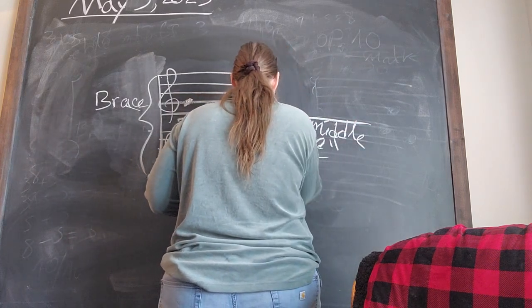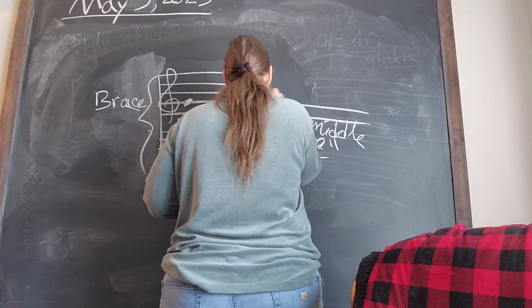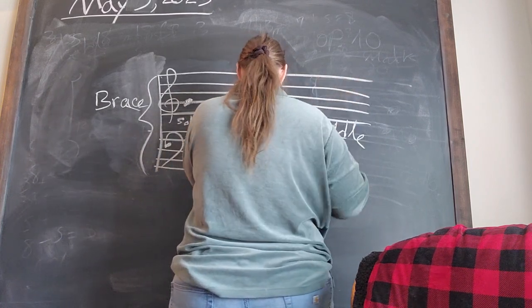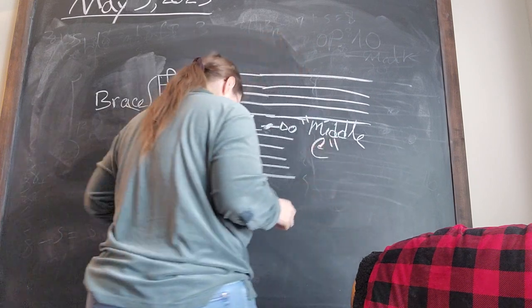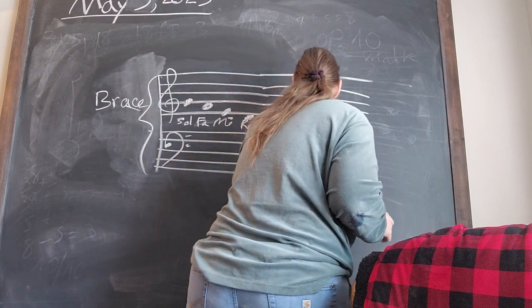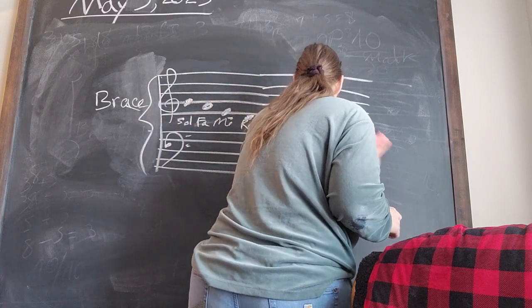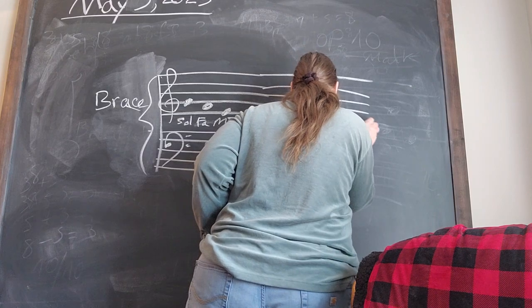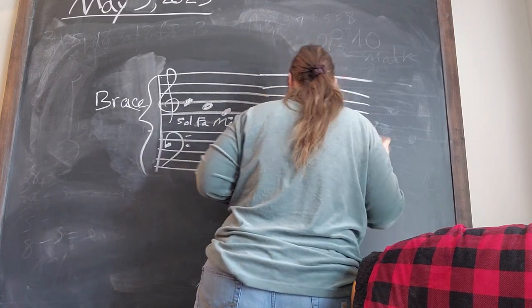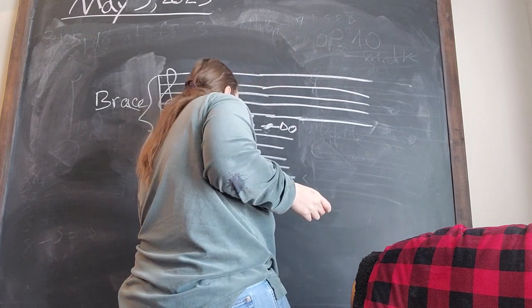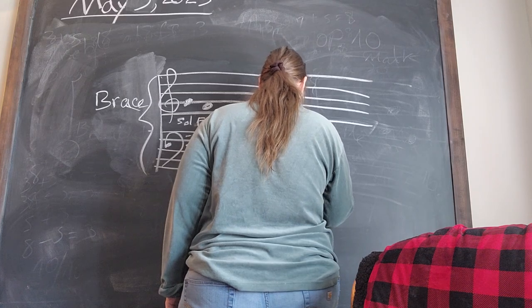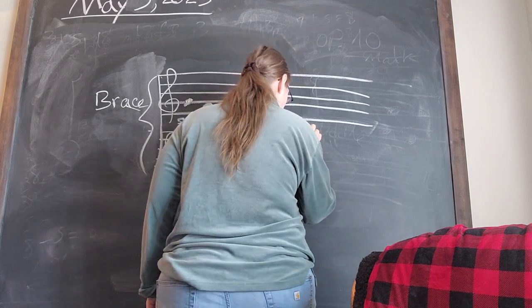So if we're just going to extend the staff, I'm going to erase this middle do part here. This is kind of in my way. Okay, so we have middle do.